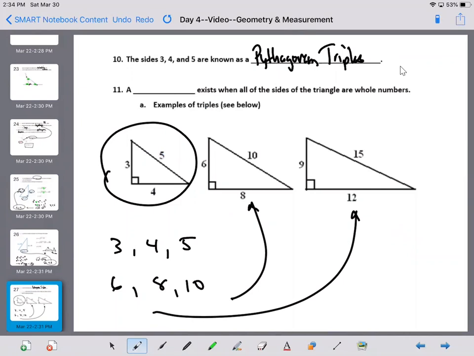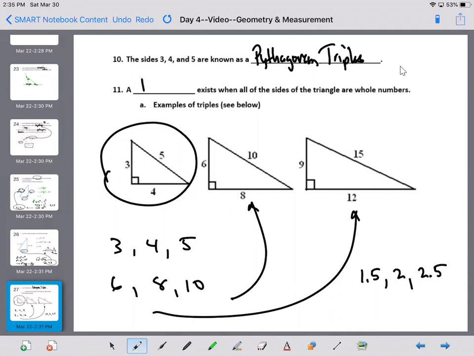So even if you took half of 3 and you got 1.5, half of 4 you got 2, half of 5 you get 2.5, that would also be a variation of the 3, 4, 5 because it is a multiple. You just cut everything in half.